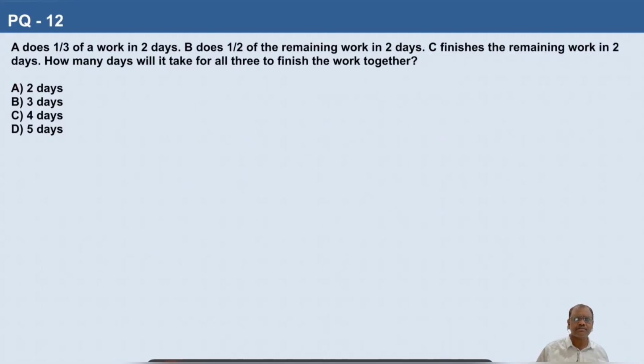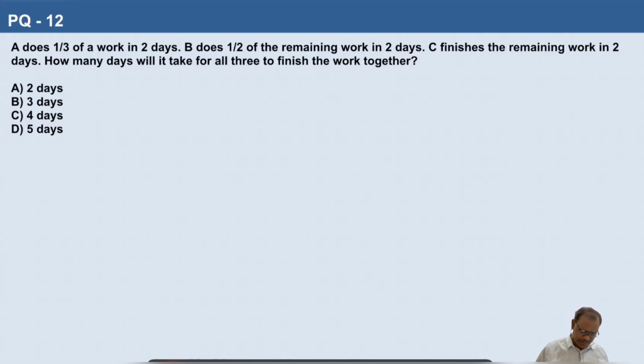Question number 12. A does 1/3 of a work in 2 days. B does half of the remaining work in 2 days. C finishes the remaining work in 2 days. How many days will it take for all three to finish the work together?